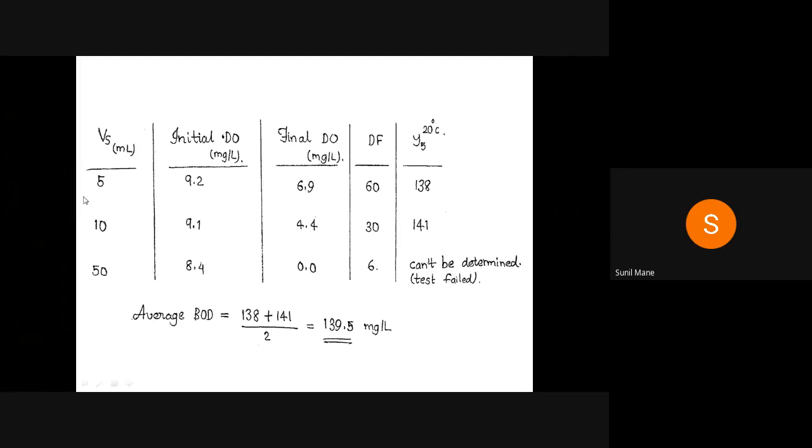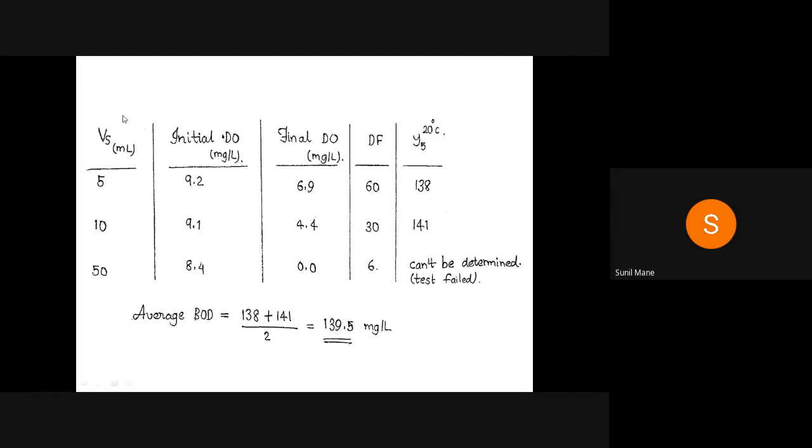The same sample has been taken, and we are preparing three solutions, because we don't know which dilution factor would be applicable. So we are carrying out the test only for one wastewater sample, and that test would be carried out for three samples. The same sample is applicable for these various volumes.